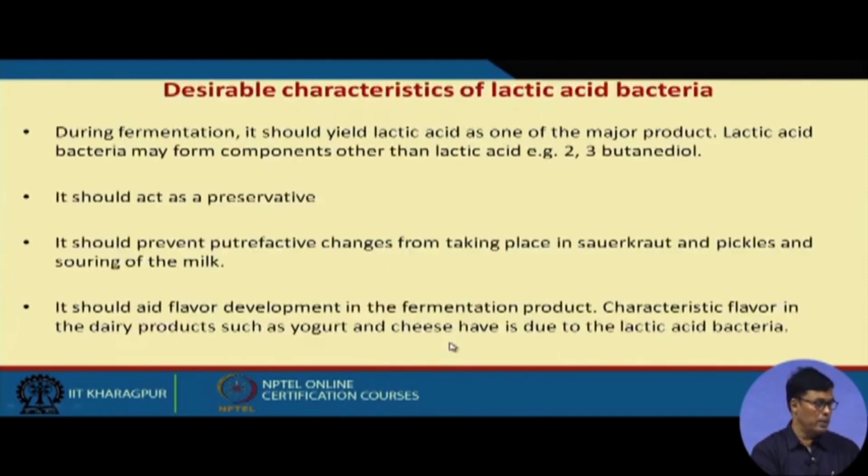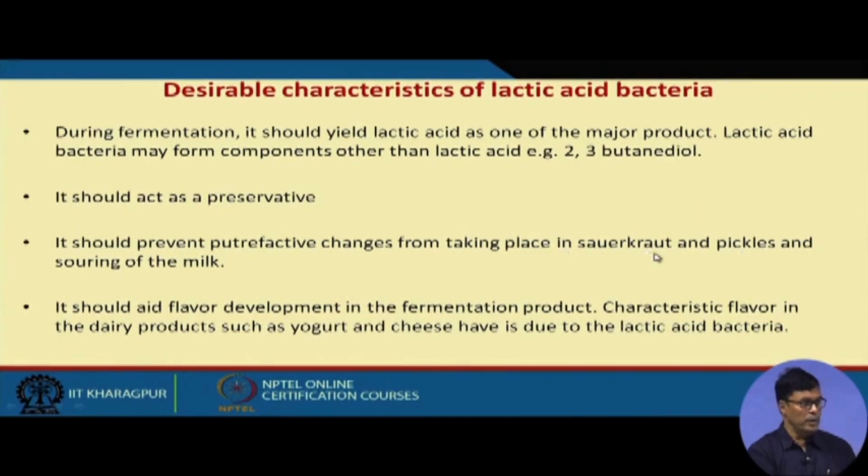Now, desirable characteristics of the lactic acid fermentation: lactic acid should be one of the major products. Lactic acid bacteria may form components other than lactic acid, as for example 2,3-butanediol. It should act as a preservative. It should prevent the putrefaction changes that take place in sauerkraut.